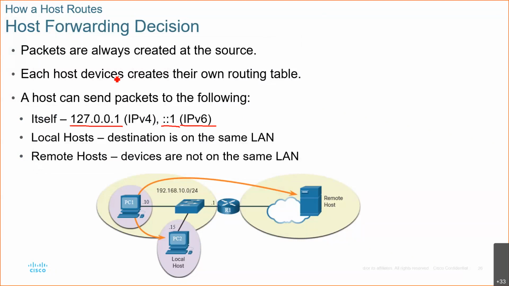So a host, a device, can send packets to yourself, to the other host, as long as you're in the same LAN. Now, same LAN means before you come to the router. This connection is known as gateway.